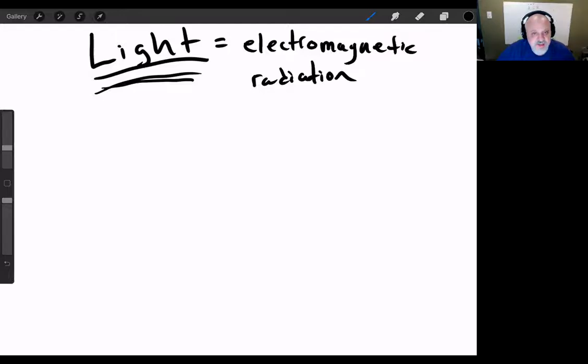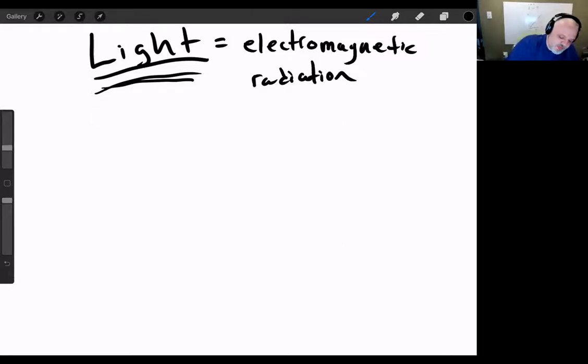It means any type of electromagnetic radiation. And while certainly visible light is electromagnetic radiation, so are radio waves and microwaves and X-rays and gamma rays. All of those things are also electromagnetic radiation. So they're all technically light.